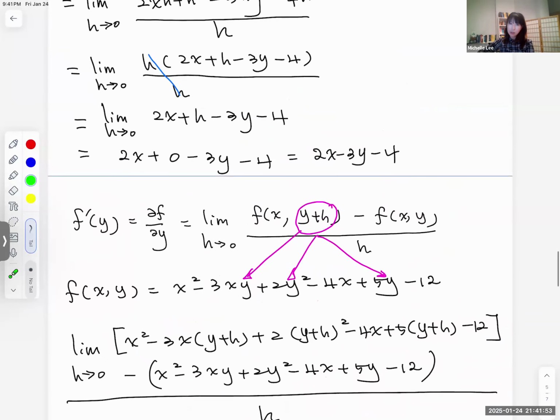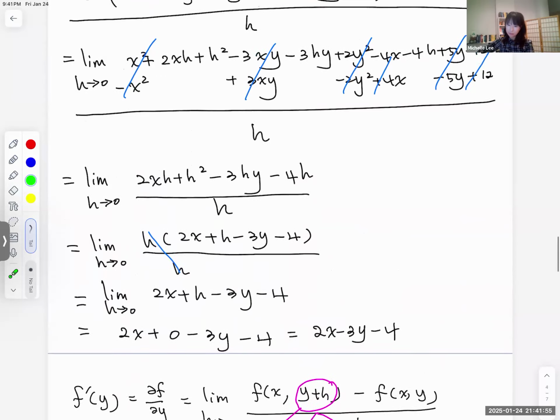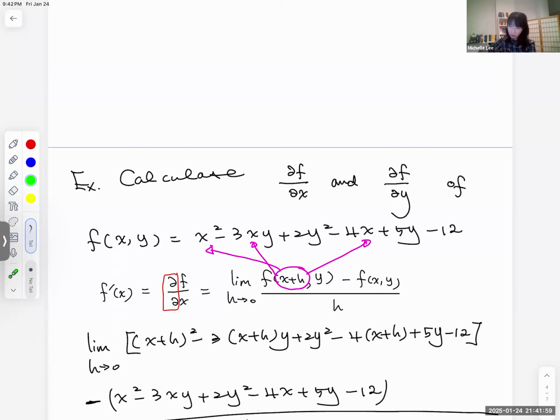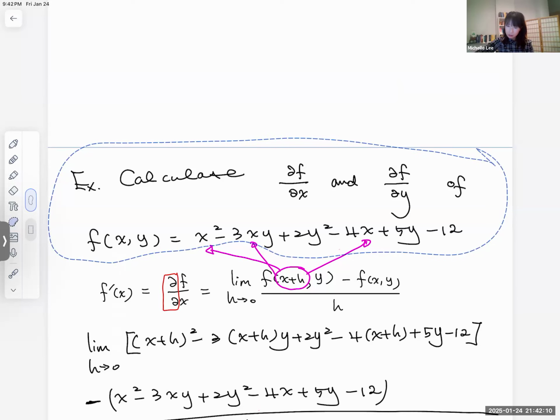using partial derivatives. Using the notes. Hold on one second, I'm doing this one.